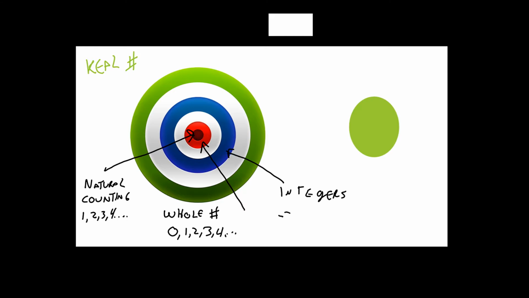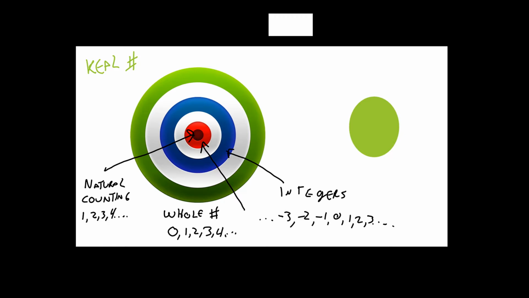So we'd have a -3, we'd have -2, -1, 0, 1, 2, and 3, and so on and so forth. Those are the numbers that you have that deal with the additive inverse, the opposite number of a whole number.